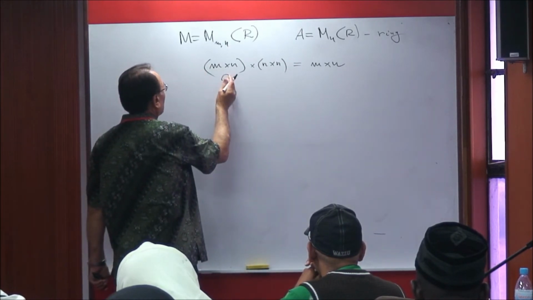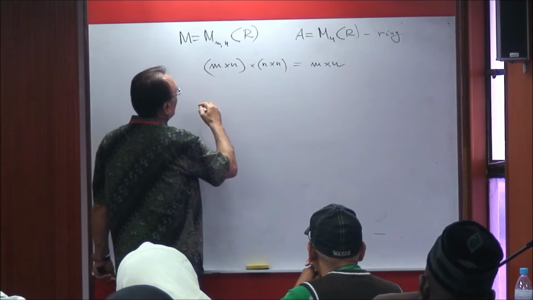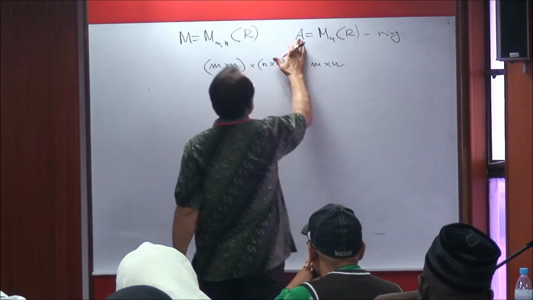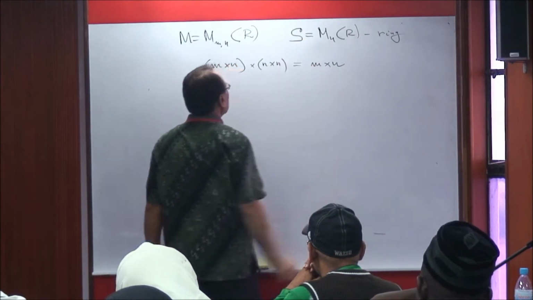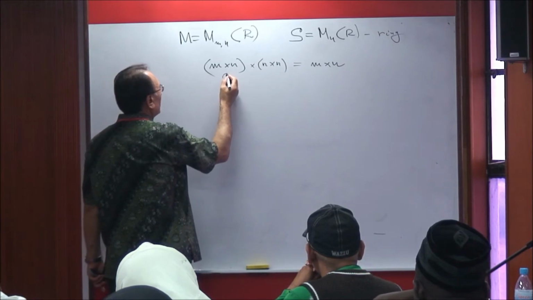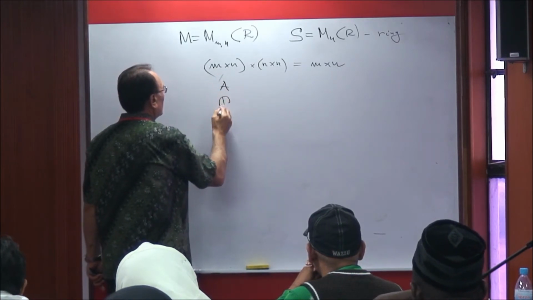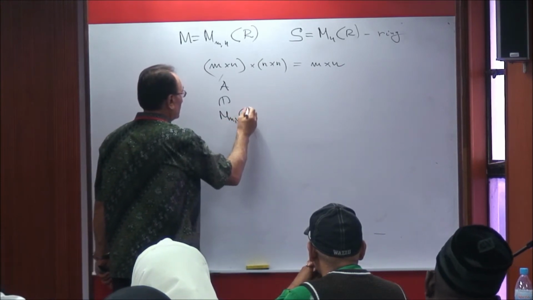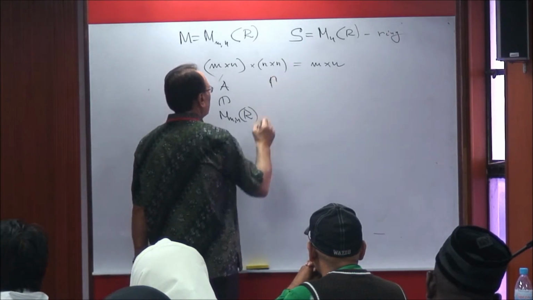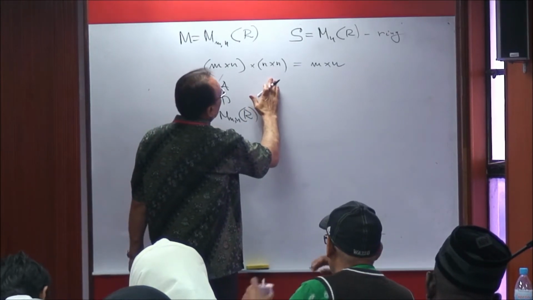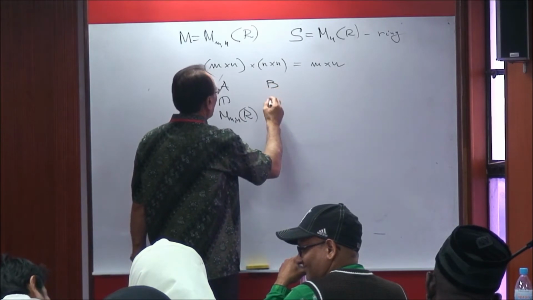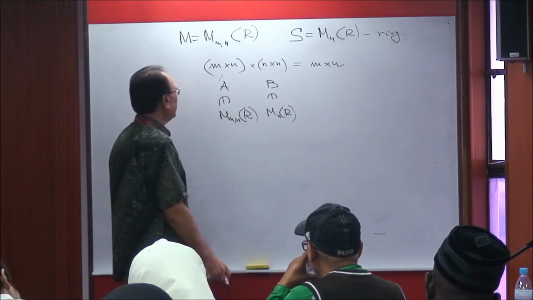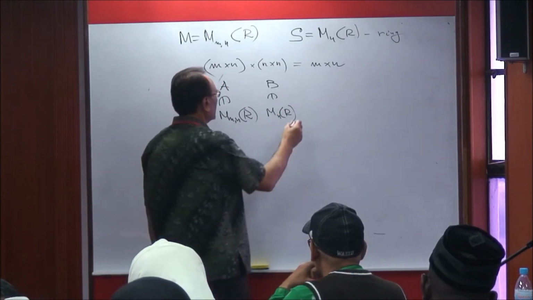So this is A from M_{m,n}. Let us denote this B from M_n. Then the result is just multiplication.